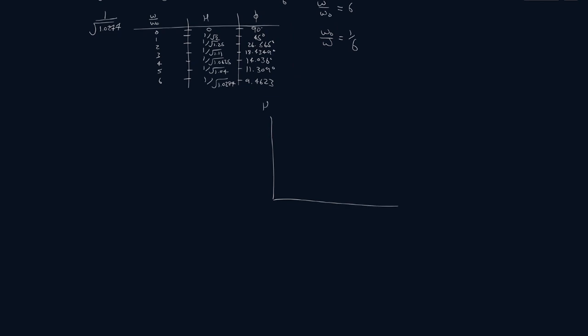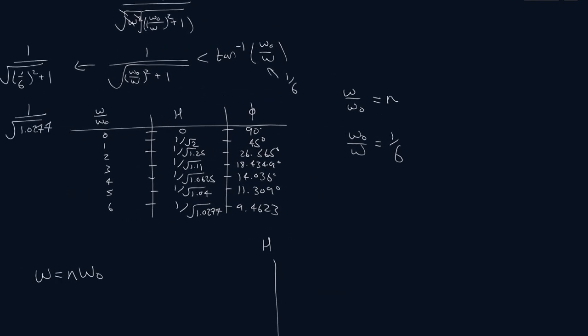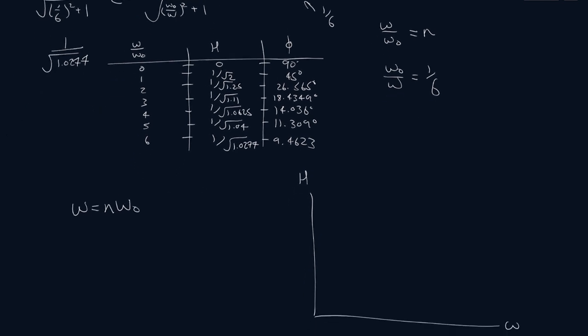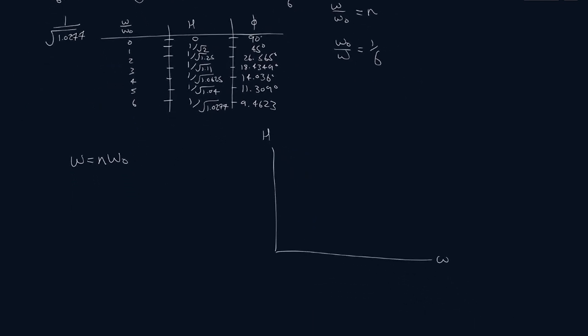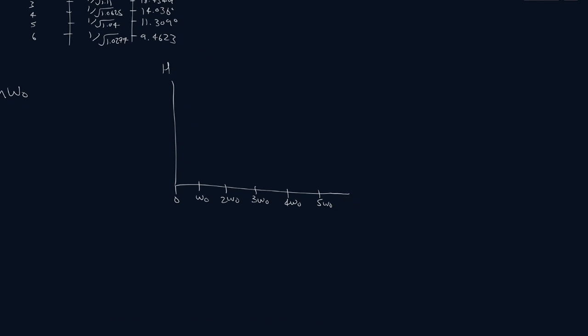So we have our magnitude here, and then we have W here. So W over WO is equal to N, being these numbers. So W will be equal to N WO. So 0, WO, 2 WO, 3 WO, 4 WO, 5 WO, and then 6 WO.